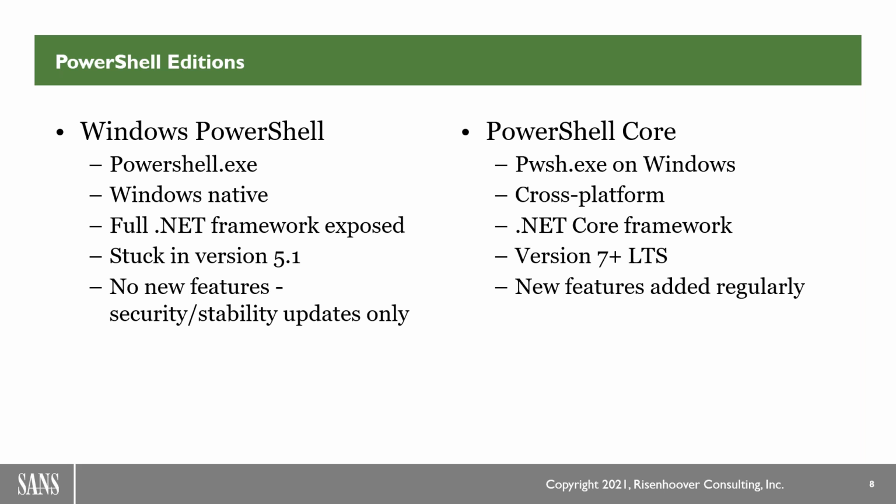PowerShell Core is cross-platform. It runs not just on Windows, but also on Unix-like operating systems like Mac OS and Linux. It's in a long-term support version, which is 7-something. Right now, we're on PowerShell 7.1. And it works with a slightly different version of .NET known as .NET Core, which is also cross-platform.